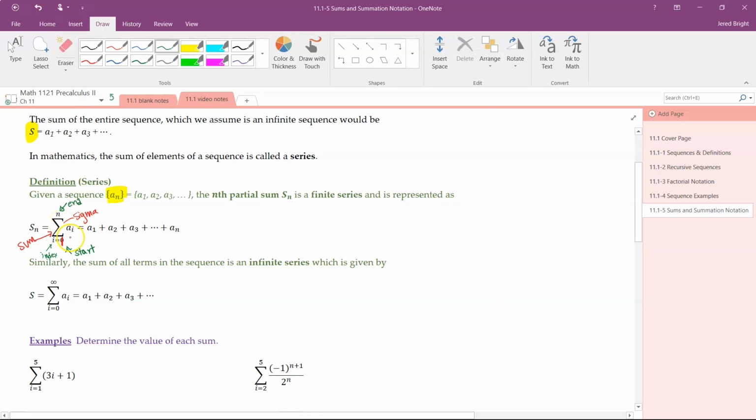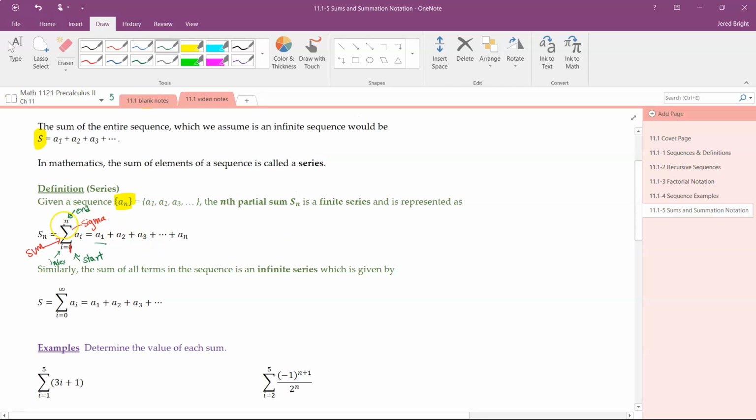Okay, so for example, when we have a sub i, that means start adding when i is 1, a1, and then continue adding members of the sequence until we get to when i is n, or a_n. Okay, so effectively add everything from a1 to a_n.